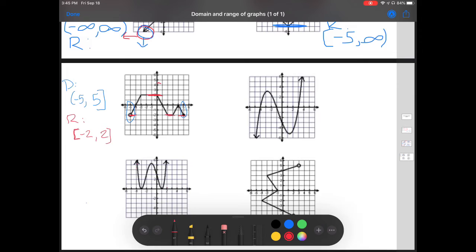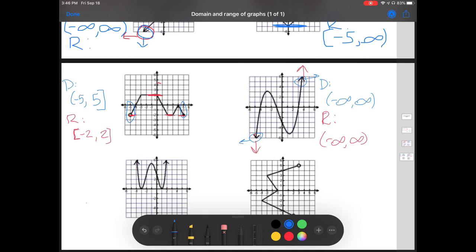For the next one, our domain. These arrows are diagonal, which means they're getting wider on both sides. So we've got -infinity to positive infinity. Both arrows also point up and down, so the range will also be -infinity to positive infinity.